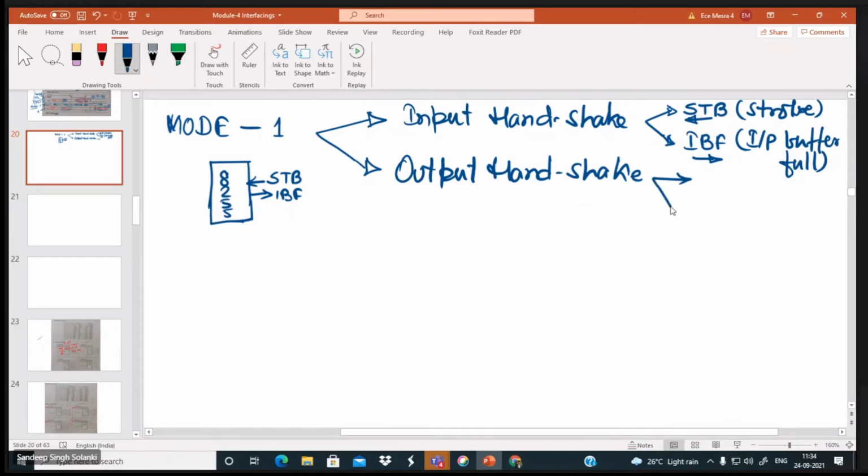Yes, sir. Same way, you have OBF, output buffer full, and then the next control, ACK, acknowledge. Please don't mind the spelling.